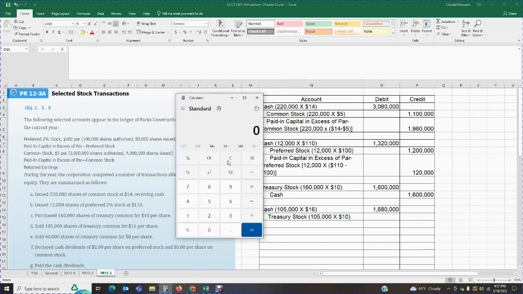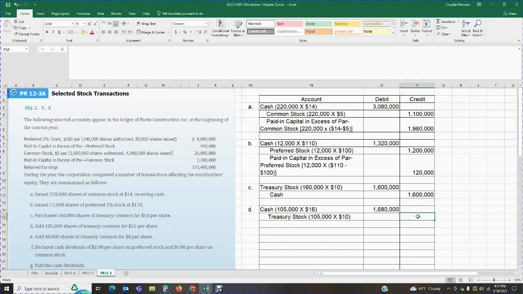So we're going to have 105,000 times $10, that's going to give me 1,050,000. If you recall, we paid $10 for them. Now we're selling it for 16, so we're selling them at a premium.